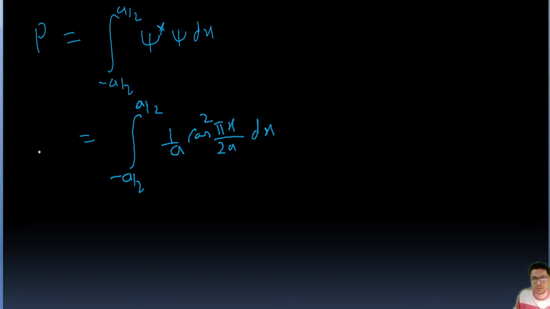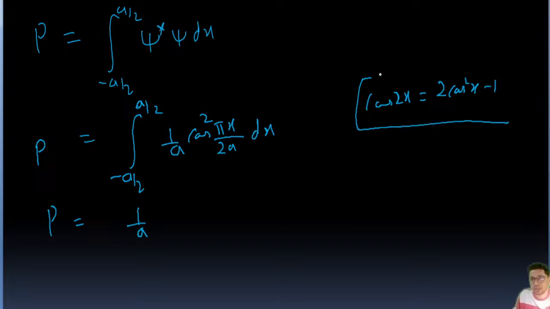Now it's simple integration, you need to integrate it, right? So it is going to be 1 upon a, and we'll convert it like we know, cos 2x equal to 2 cos square x minus 1, right? From this trigonometric identity we will find the value of cos square.